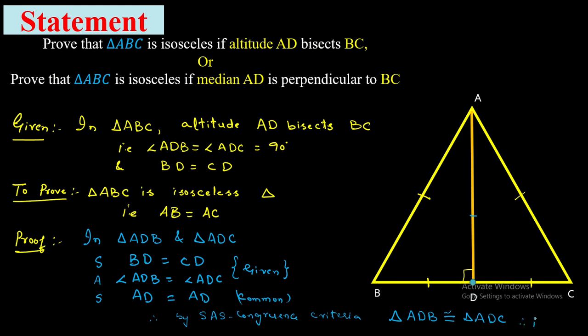Therefore, we can say AB is equal to AC. That means ABC is an isosceles triangle. So we proved that if the altitude and median of a triangle coincide, then the triangle is an isosceles triangle.